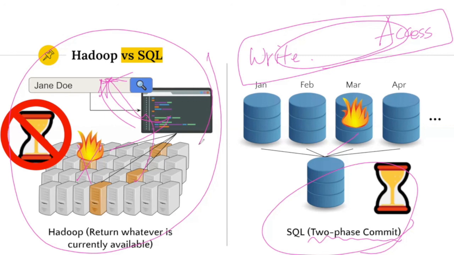Okay? But in the case of big data, people really don't worry about the consistency because the cost and effort to keep the consistency is too high when you have a large volume of data or large velocity of data. So instead, people are like, yeah, forget about it. Let's just make it not fail too frequently.